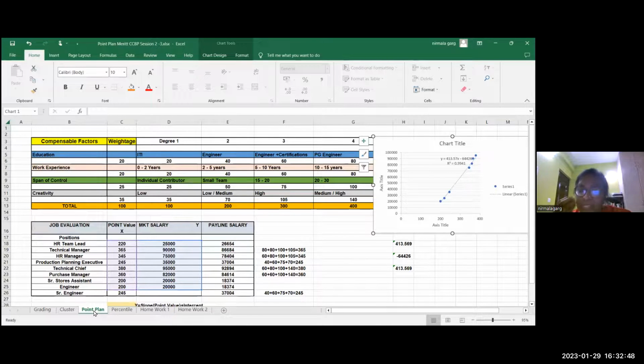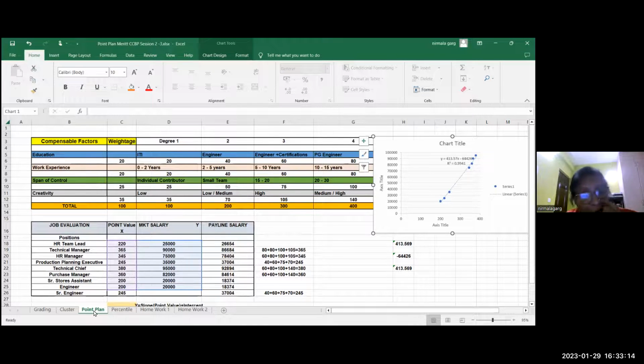Total point value of this HR manager is 400 points. And if I say, for example, HR team lead 220 points, the job with the higher points is a higher job and you pay more, and the job with the lower points is a lower job, so you pay less. Now, the process has some similarity, but definitely it's a huge difference thereafter.